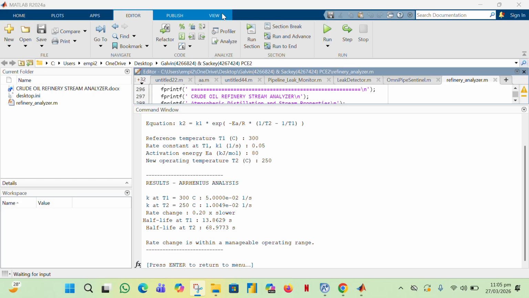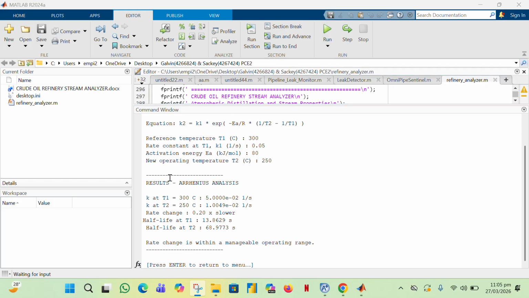At 300 degrees, the rate constant is 0.05. At 250 degrees, it drops to 0.0243. And it's saying that when that drop happens, the rate change is 0.20 times slower.